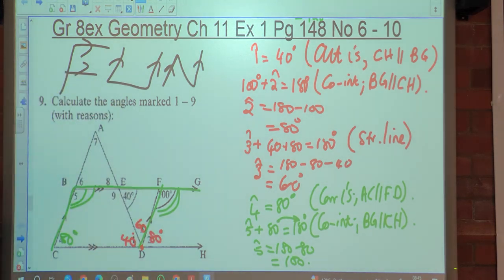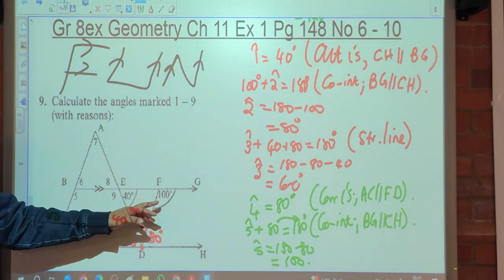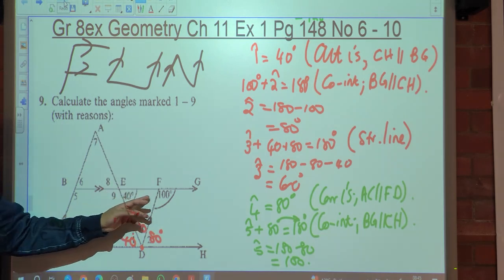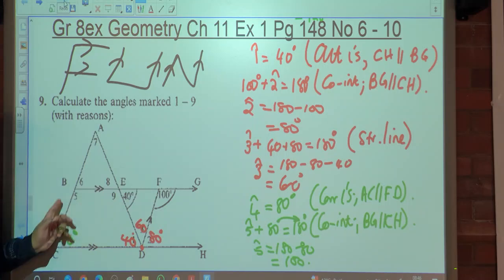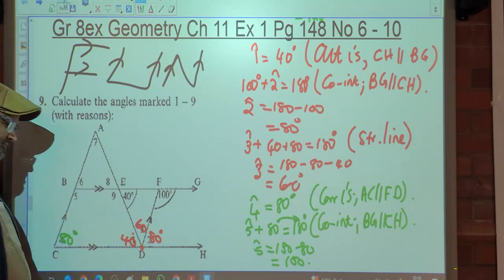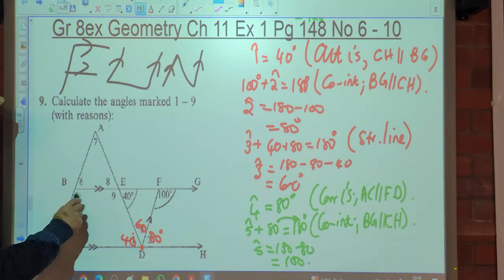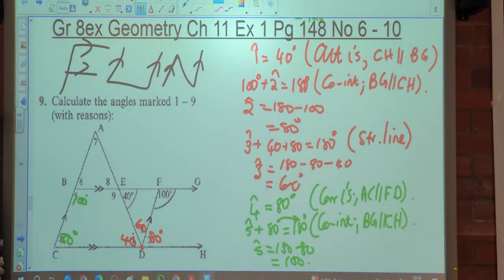Easy to see it afterwards, okay? Which other angle was already 100? And I could have said, okay, there's the F. Can you see that, people? But from the beginning, I saw that to be co-interior. But again, in the exam, as long as you're applying the rules of Euclidean geometry properly, you'll get the mark for it.